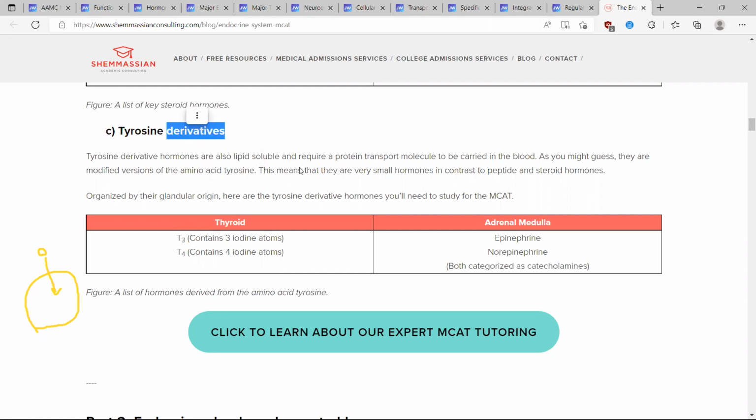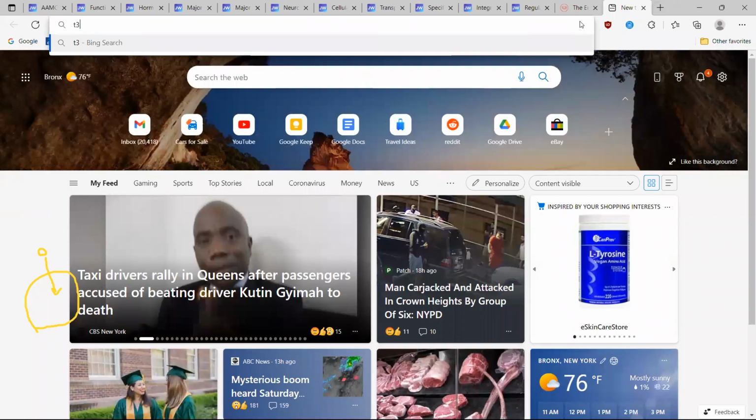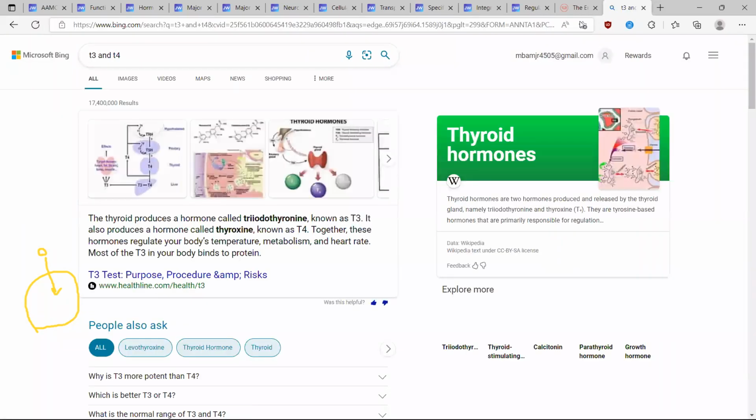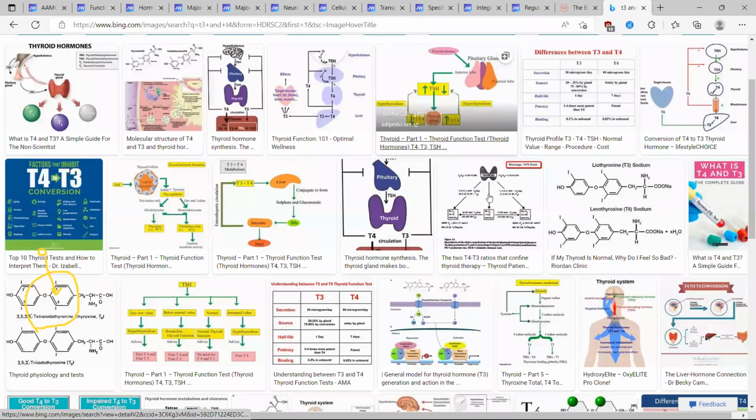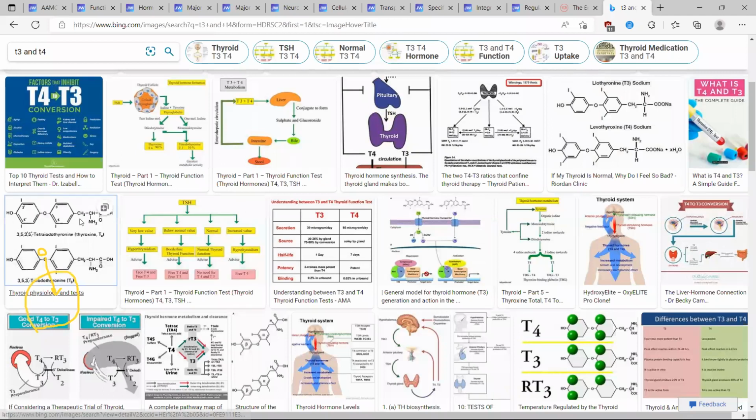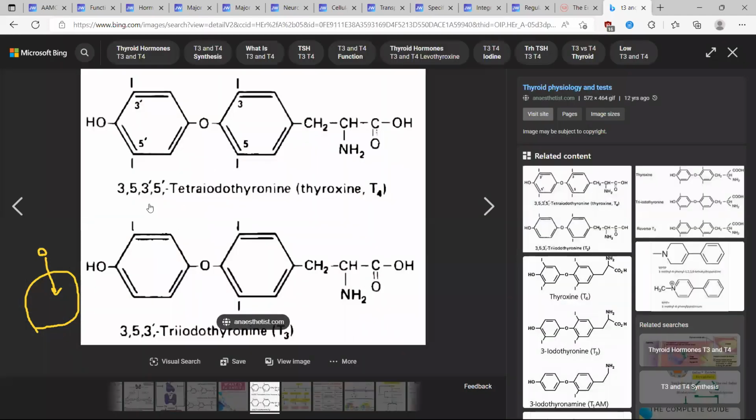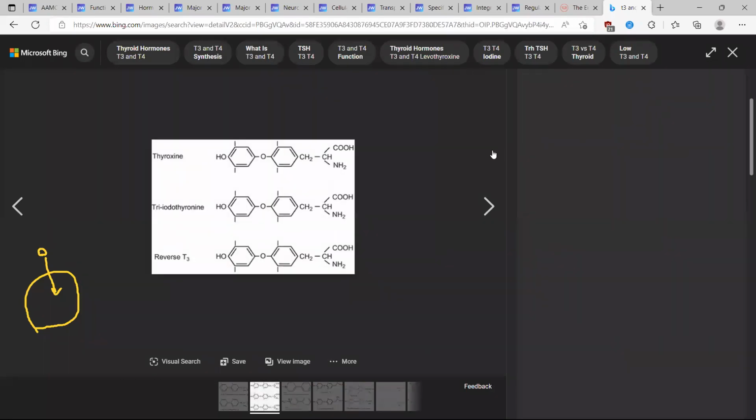A derivative is basically a small modification of the original. I want to see the structure. Here. So a small modification of the original. Where's tyrosine?